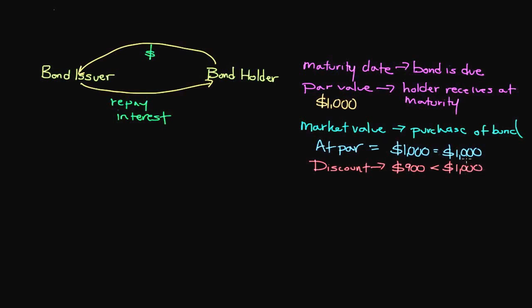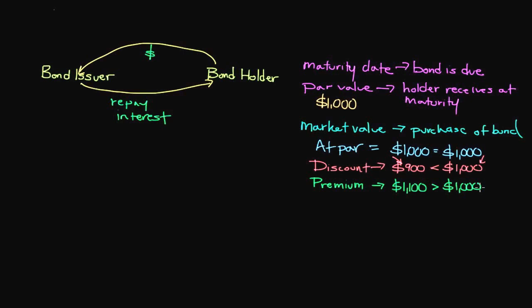This is what we're getting in the future, and this is what we're paying up front. So it's a discount because we're buying it for less than the par value. Now the other option is we can purchase a bond at a premium, in which case we would pay more than the par value. So let's say we pay $1,100 and our par value is $1,000.